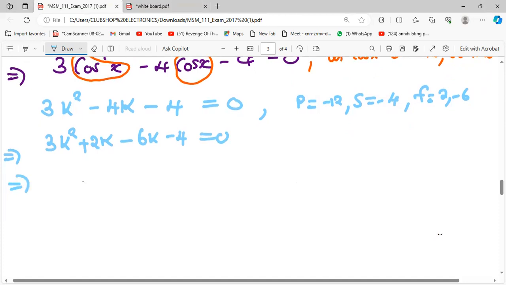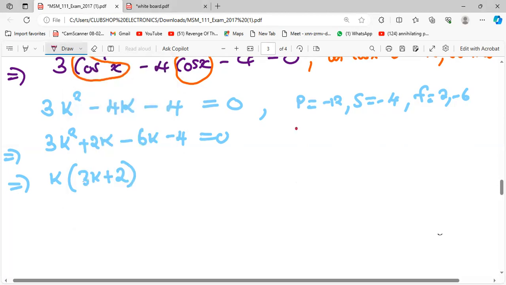So what is common here is k. So I've got k in bracket, 3k plus 2, right?